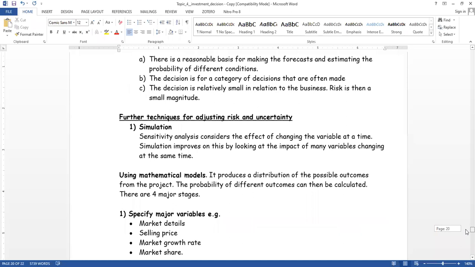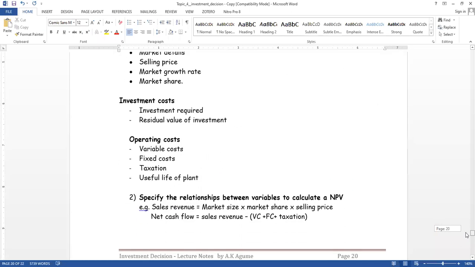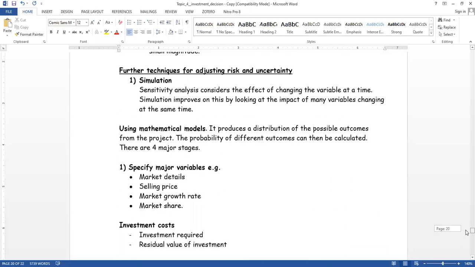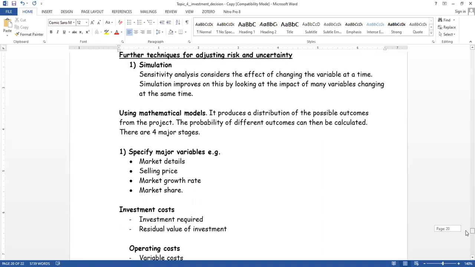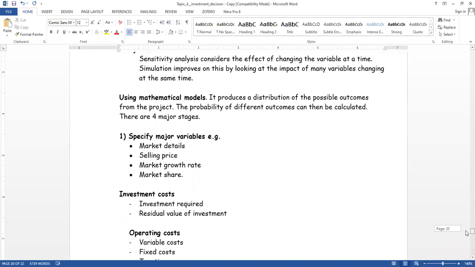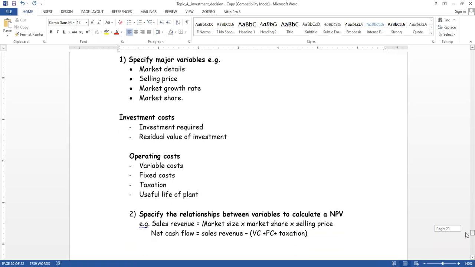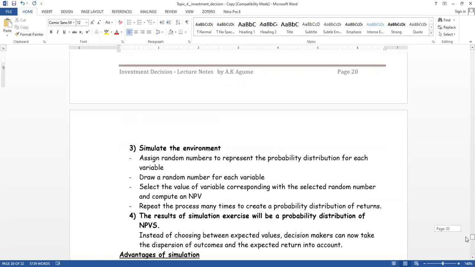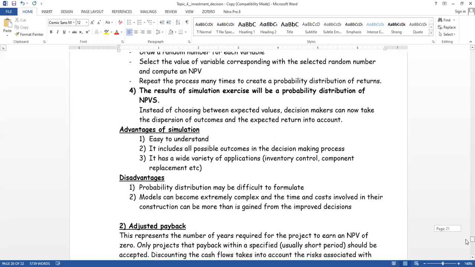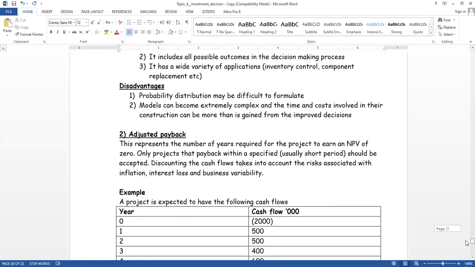That is simulation, where you have to look at many variables changing at the same time. Then there is also adjusted payback.